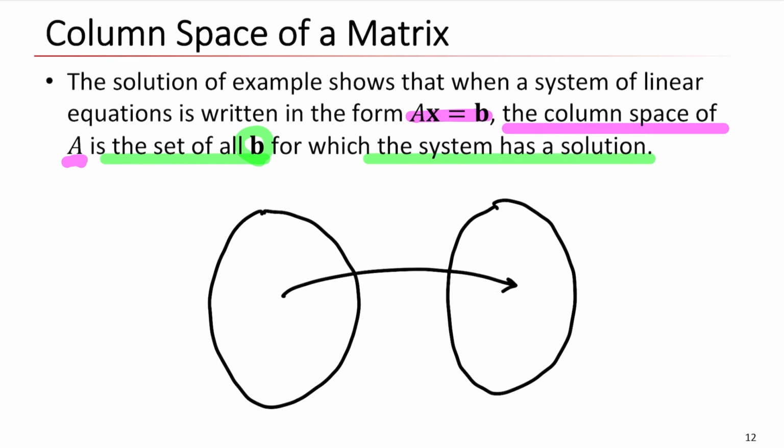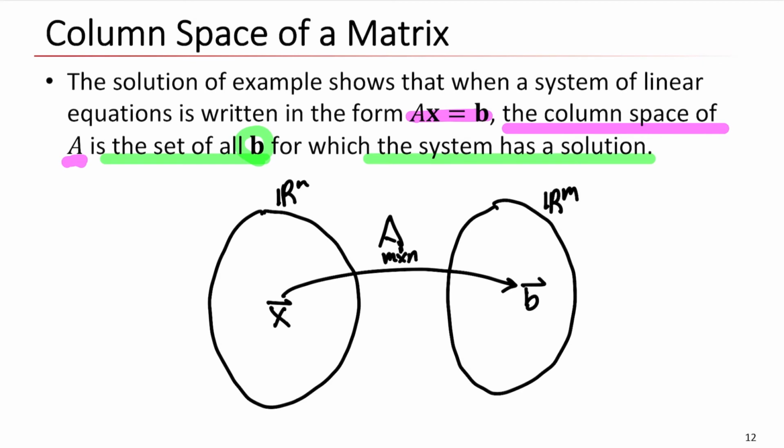Okay, the matrix A transforms vector x to the vector b. If we define the size of matrix A as m by n, then this is the R^n space, and this is the R^m space. Right?